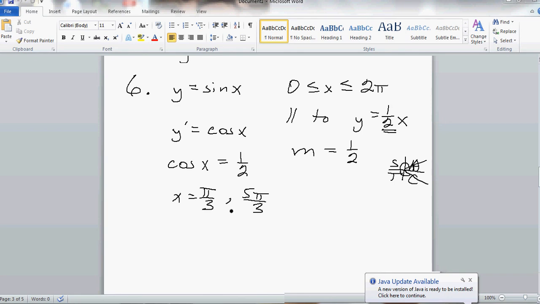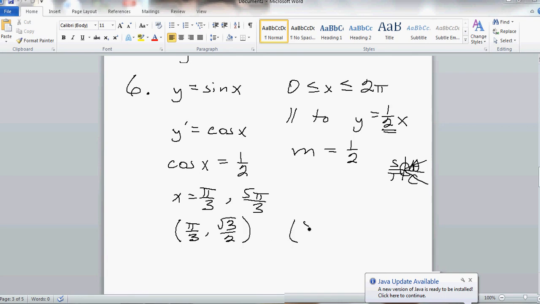Let me make sure that that's correct. Cosine of x equals 1/2. Yeah, that's pi over 3 and 5 pi over 3. So now we need to find the actual points. So we're going to plug in pi over 3 into the original. So at pi over 3, the sine of pi over 3 is root 3 over 2.